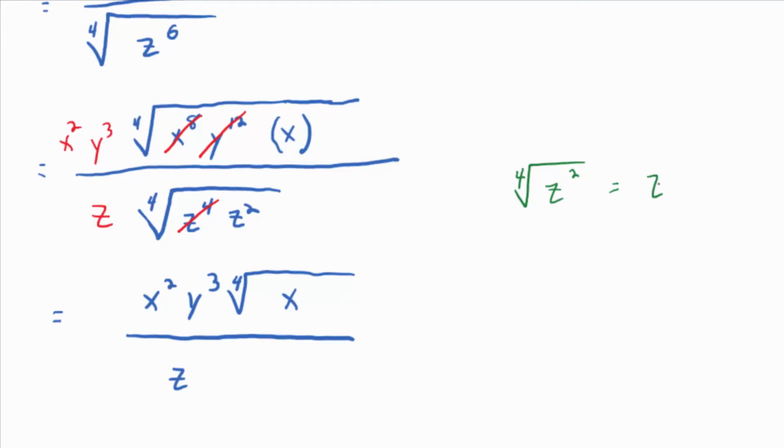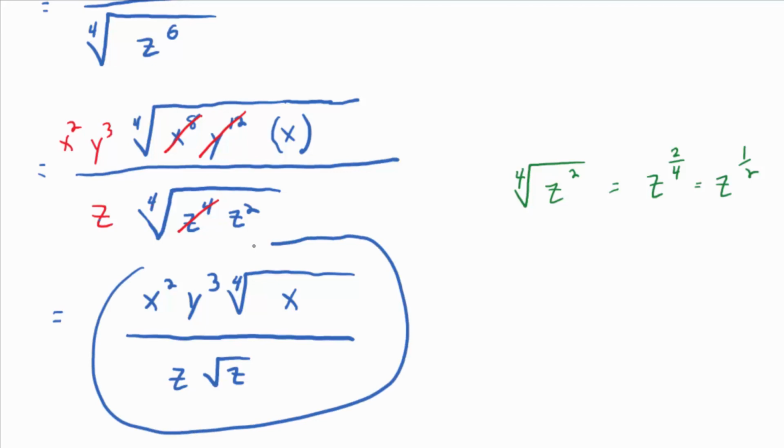It's z to the what power? 2 fourths, which is the same as z to the 1/2. So I suppose if you wanted to, you could reduce that fourth root of z squared to z to the 1/2, which is the square root of z. Although I'd be happy if you just had z times the fourth root of z squared. That would be cool with me, unless I explicitly said otherwise.